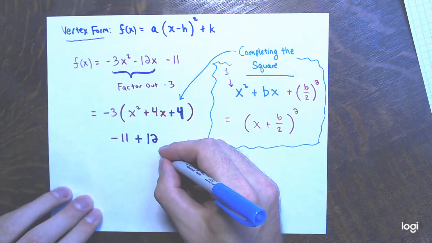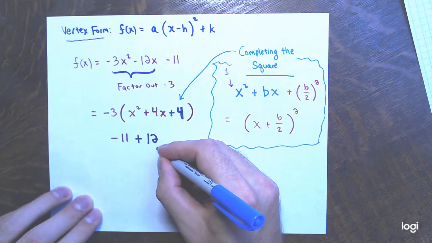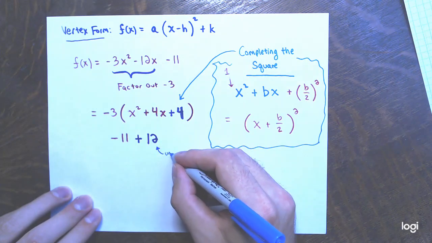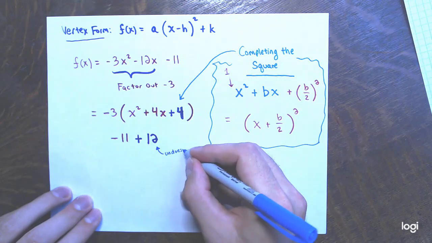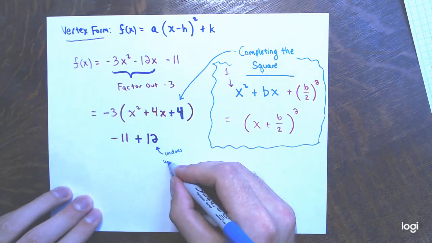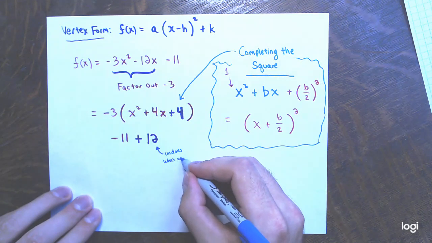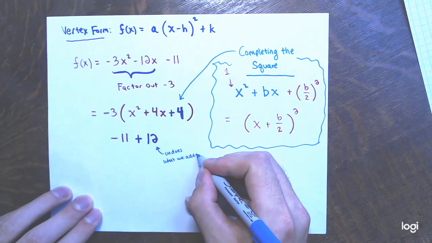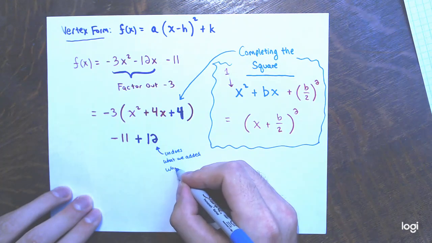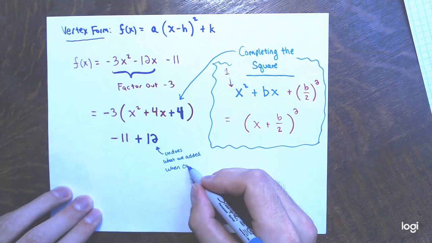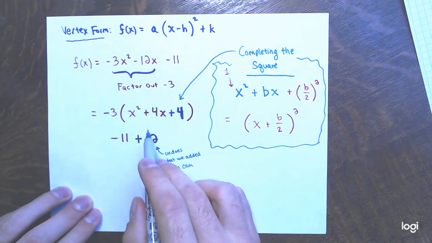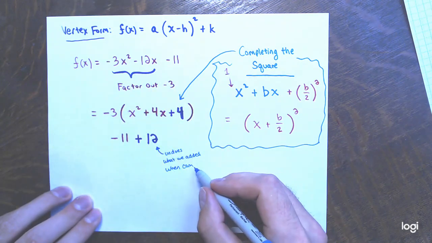This undoes what we added when completing the square. That way, I have an expression that's actually equal to the expression I started with.